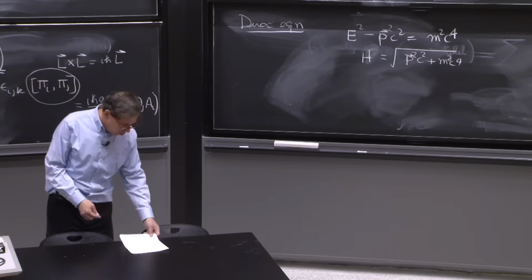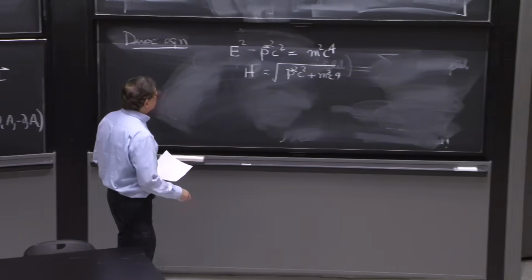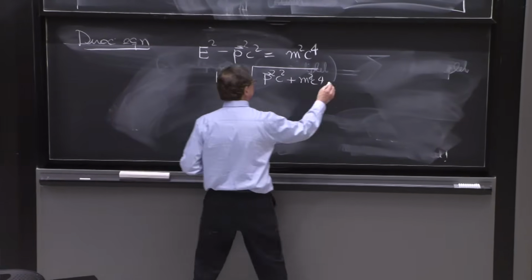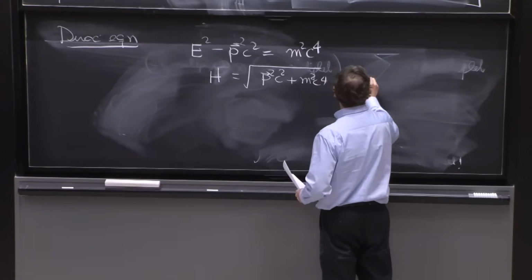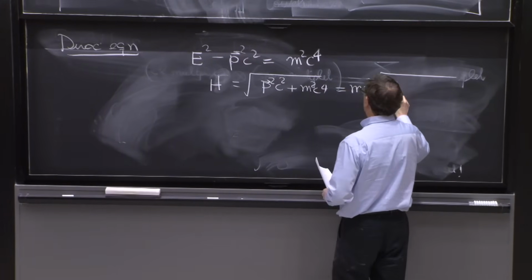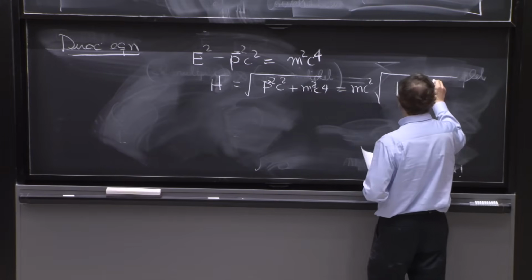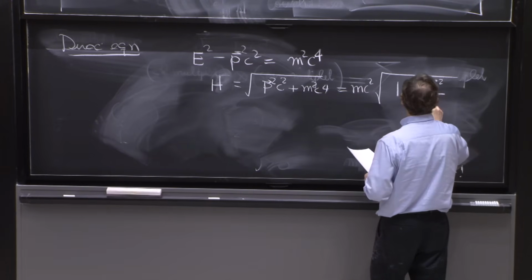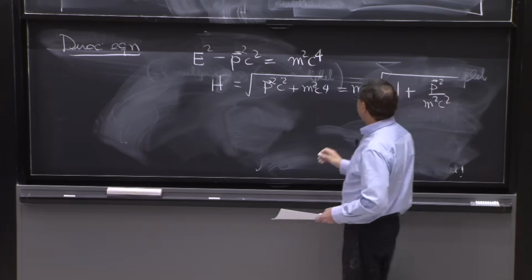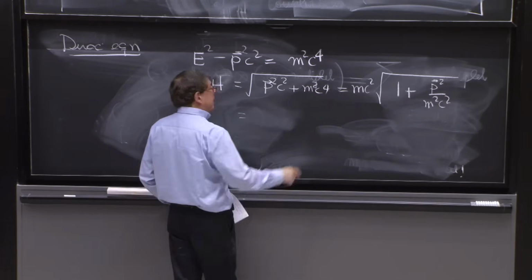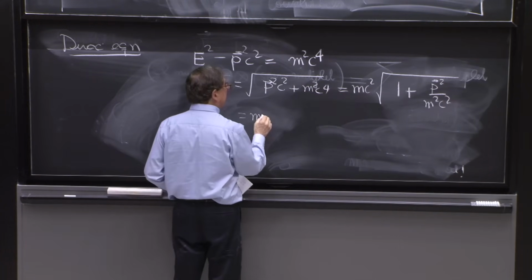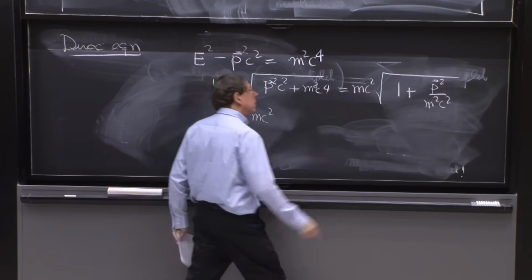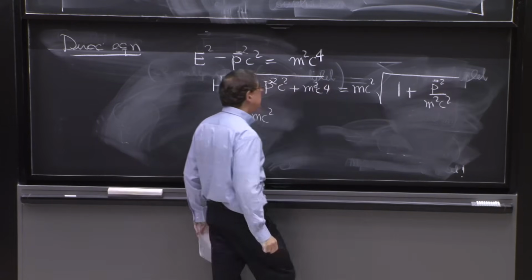But you can do a little bit with it if you notice that this is equal to mc squared times the square root of 1 plus p squared over m squared c squared, and then expand in small velocities where this is less than 1.